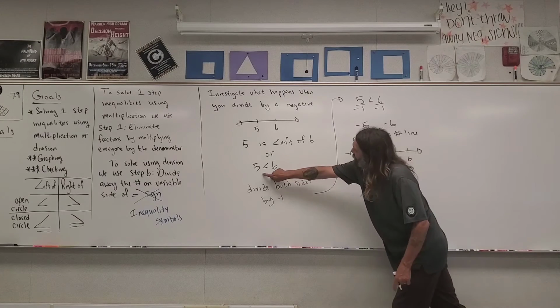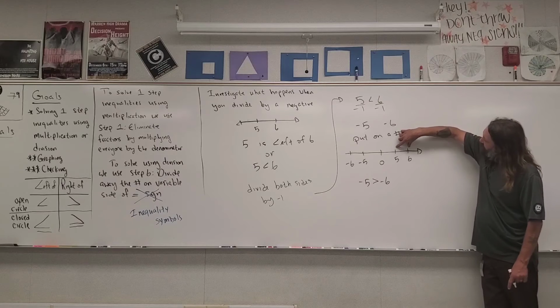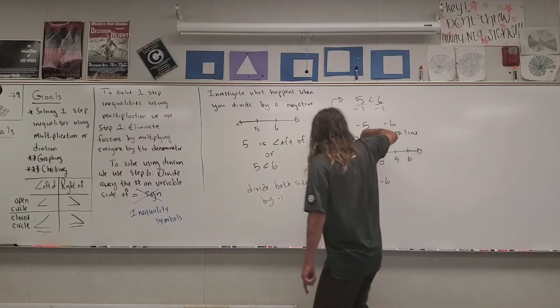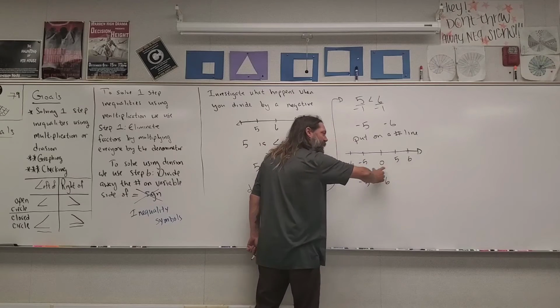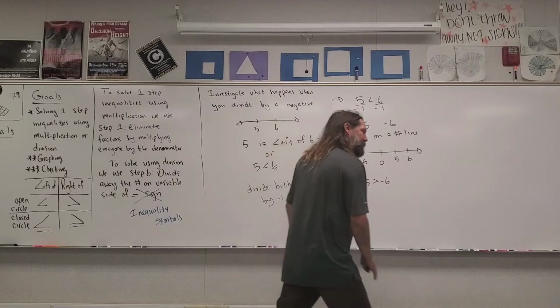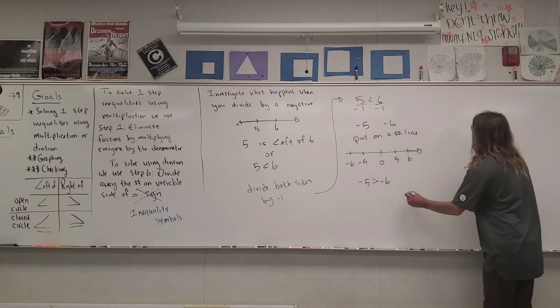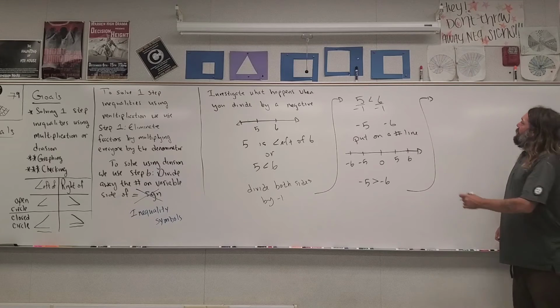So I went from positive 5 and 6 to negative 5 and 6. So when you change the signs of your numbers, you end up switching the position of the numbers. And so you go from being on the left to on the right, or on the right to the left. So let me summarize what we need to do. And I apologize for this boring writing that you get to watch.